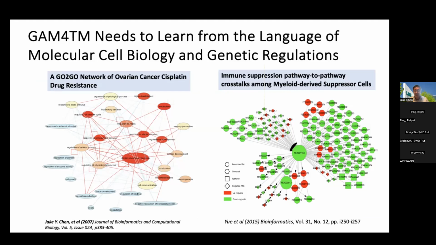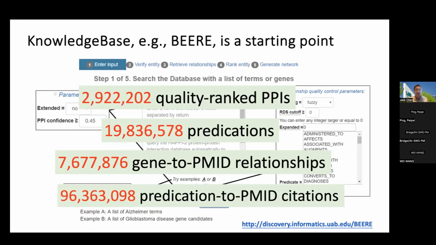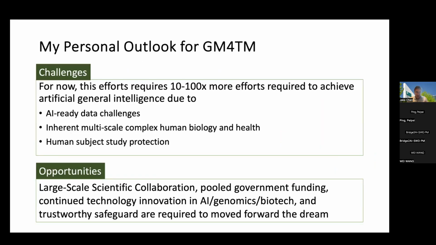To do that, and I think we have certain components already, I won't go through the detail since I'm running out of time, but this is my last slide. My personal outlook for GAM4TM: there are challenges, right? This would require 10 times or 100 times more effort than is required to achieve artificial general intelligence by resource-rich companies.